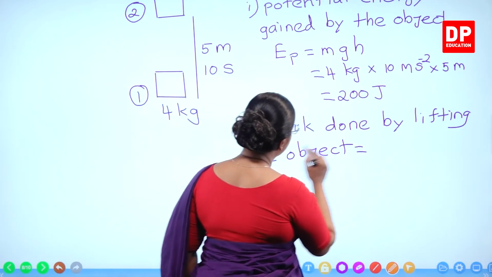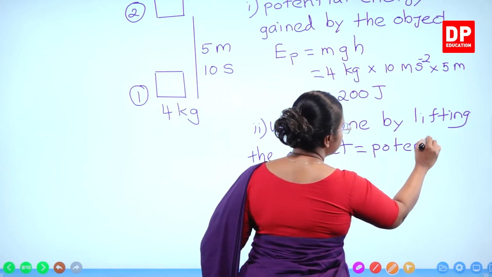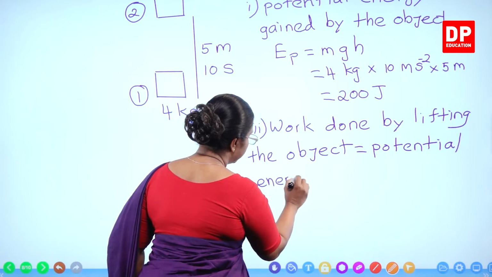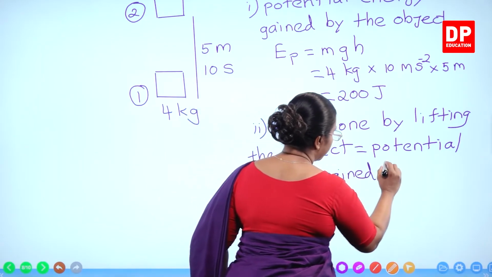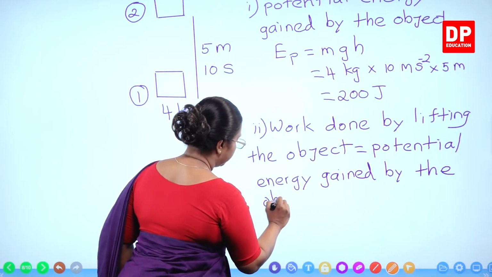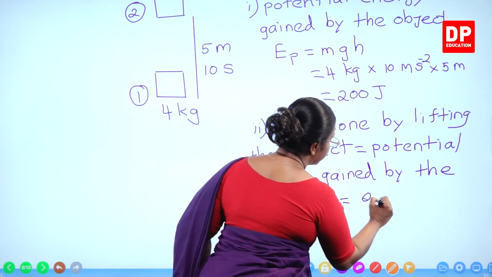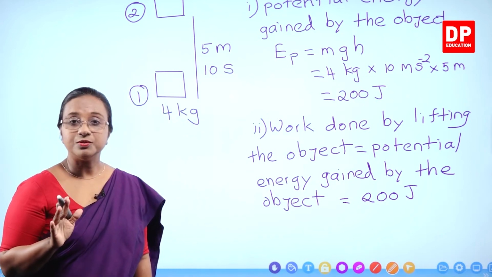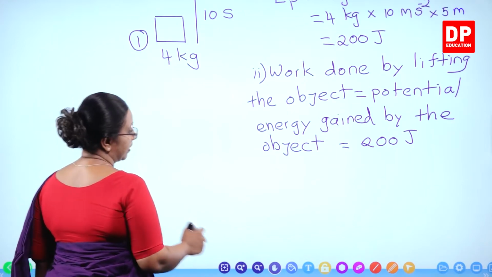So work done by lifting the object is equal to the potential energy gained by the object. So that is going to be again equal to 200 joules. Is that okay? Then, the next one.